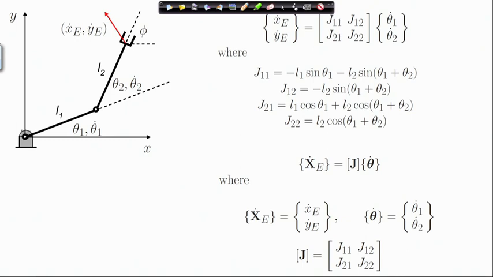Here I have further compressed these relations. So, this is known as the joint velocity vector, and this is the end effector velocity vector.